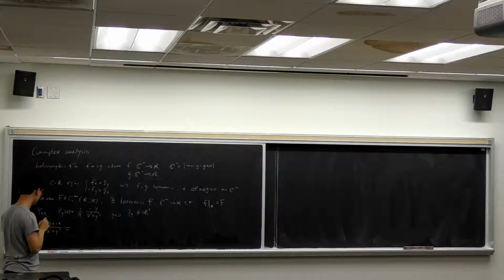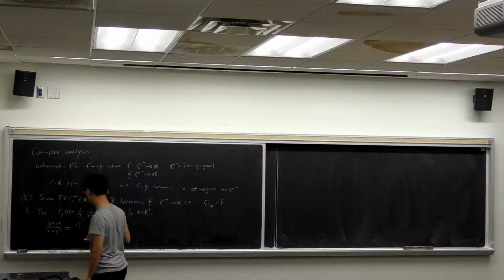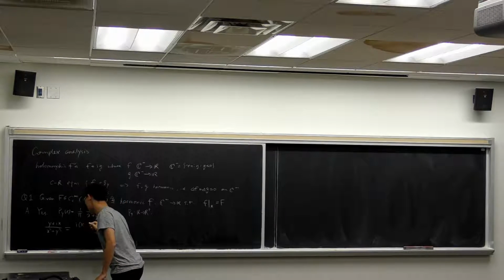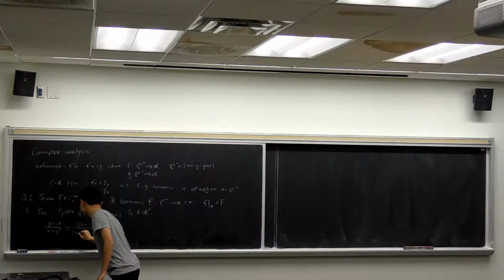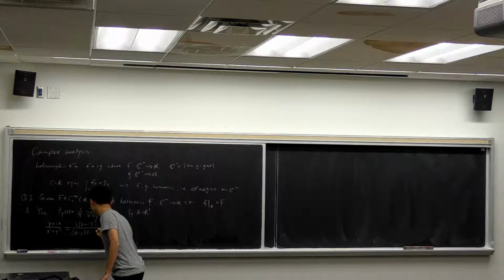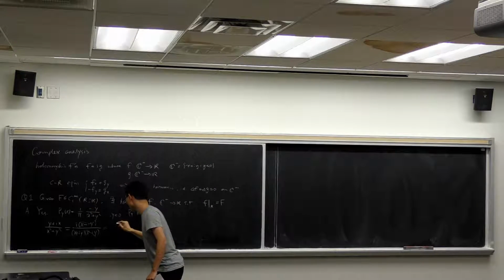If we pull out i, the imaginary unit, what's left is x minus iy on the top. And for the bottom, it's x plus iy times x minus iy. Then you cancel the common factor, it becomes i over x plus iy.